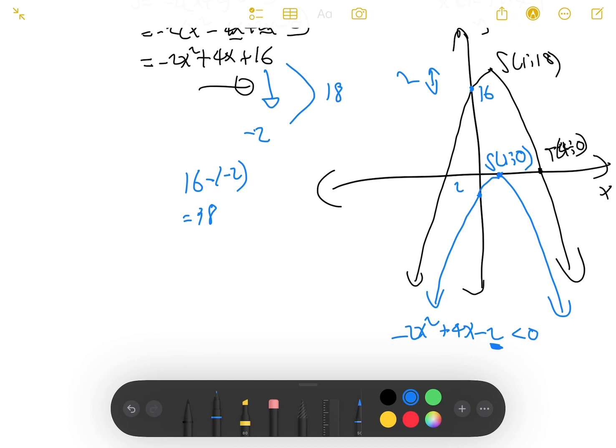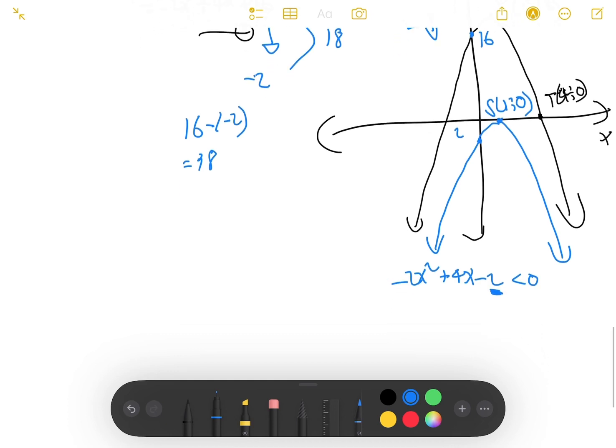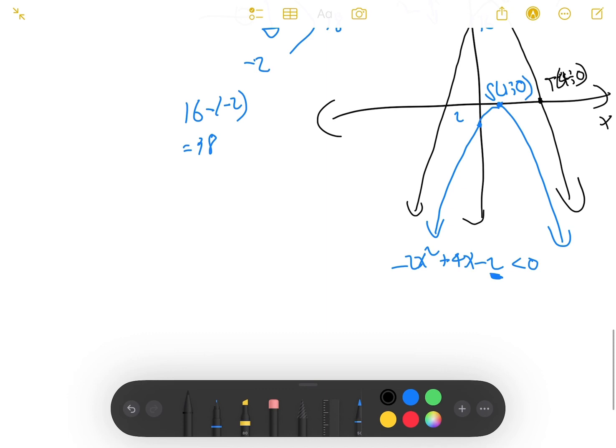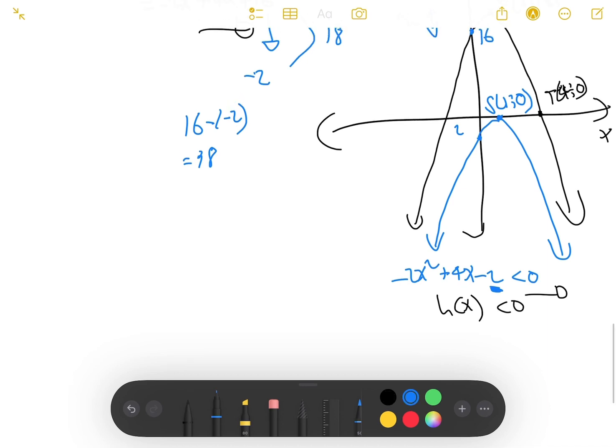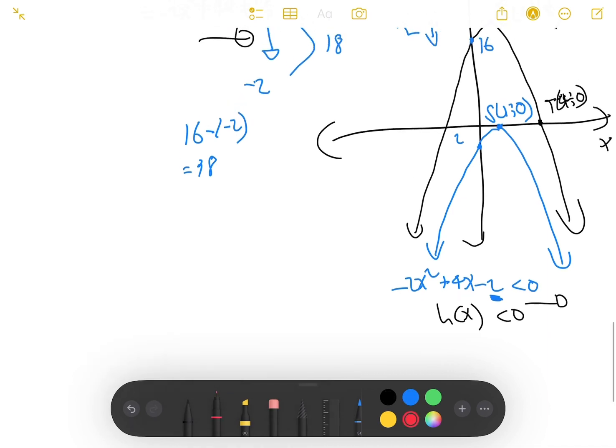And then from that, now, okay, should you want to call it h of x, that's fine. But this is basically h of x less than 0, right? With 0 being our maximum y value. So here, if you look at this graph, where is it less than 0? All the way from this point going down, right?